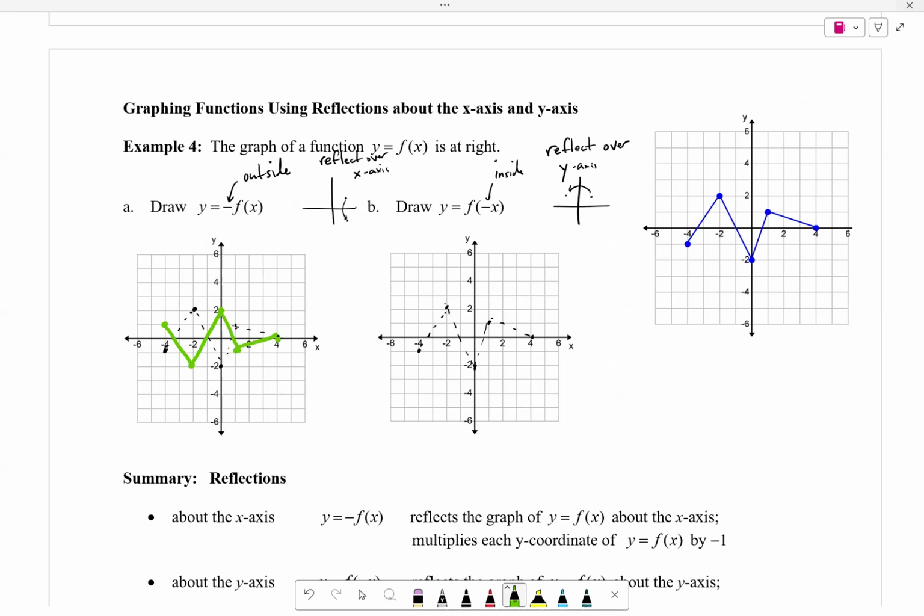There's that one. And for the other one, I'm again going to start with that leftmost point, -4, -1. Since that negative is on the inside, it's reflected over the y-axis, so it becomes 4, -1. And do the same thing for each of the other points.